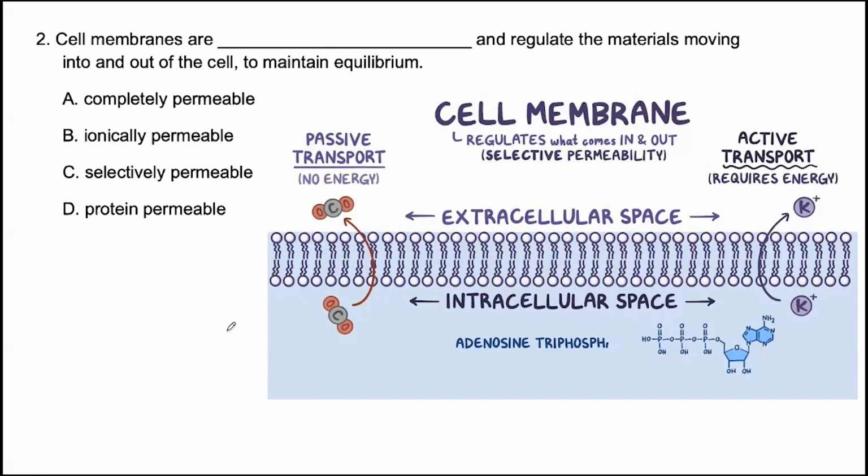So A, completely permeable, ionic permeable, selective permeable, and protein permeable. Okay. So the keyword here is, again, to regulate, correct? So the one that can regulate is selectively permeable. The word self-regulate also resembles selectively permeable.